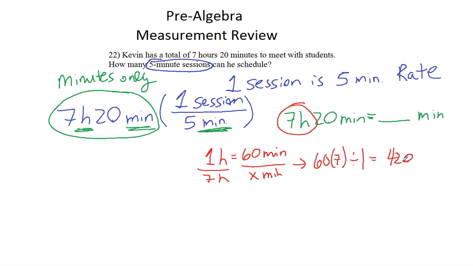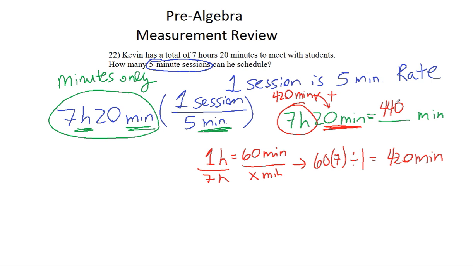So just the 7 hours is 420 minutes. But besides those 7 hours, we have an additional 20 minutes. So these are going to get added. 420 plus 20 puts me up to 440 minutes.